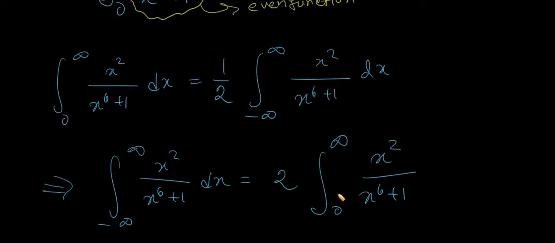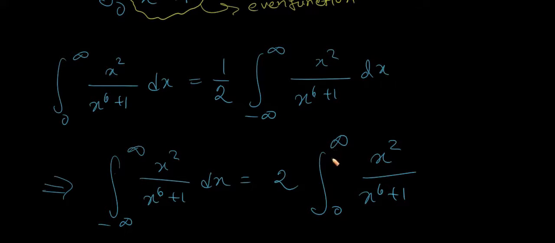Why do I want to go from the 0 to infinity range to minus infinity to plus infinity, you might ask? Because in our past video we saw that if you have a minus infinity to plus infinity range, there is a nice semicircular contour on the upper half plane. So that's the idea over here.